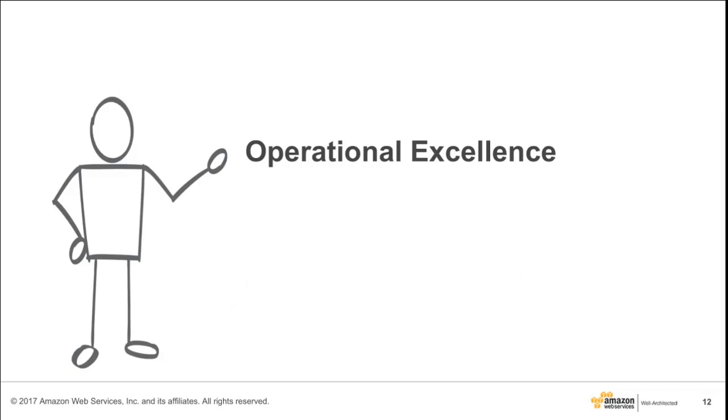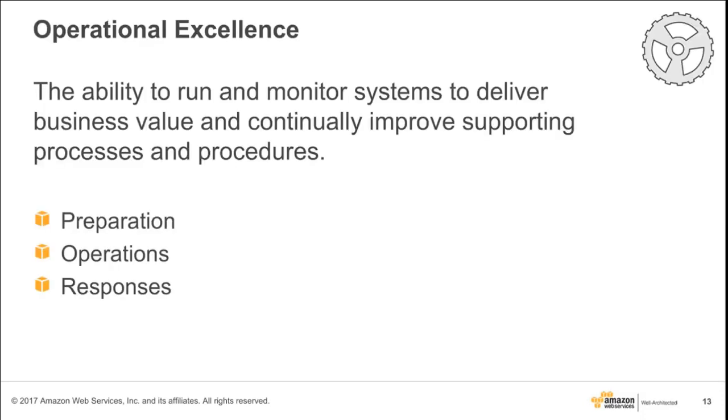At a high level, operational excellence is how efficiently an organization runs a system. In terms of cloud architecture, operational excellence is the ability to run and monitor systems to deliver business value and continually improve processes and procedures.